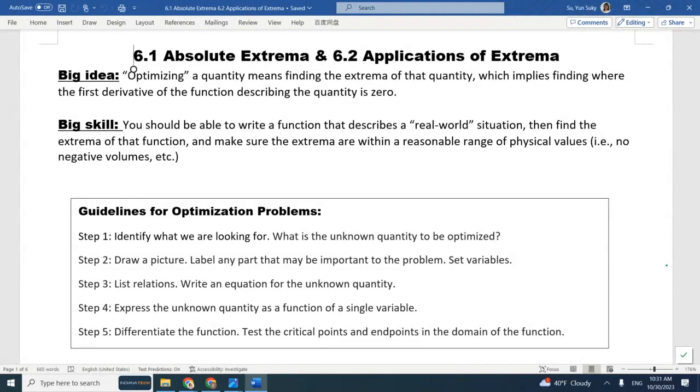Big skills: you should be able to write a function that describes a real-world situation, then find the extrema of that function and make sure the extrema are within a reasonable range of physical values. For example, no negative volumes. Your area and your volume must be positive, and your time must be positive. You cannot go back, right?